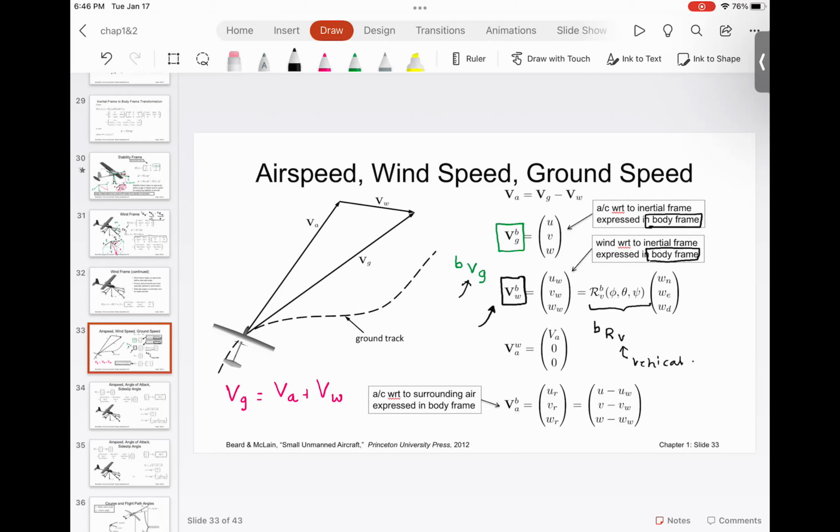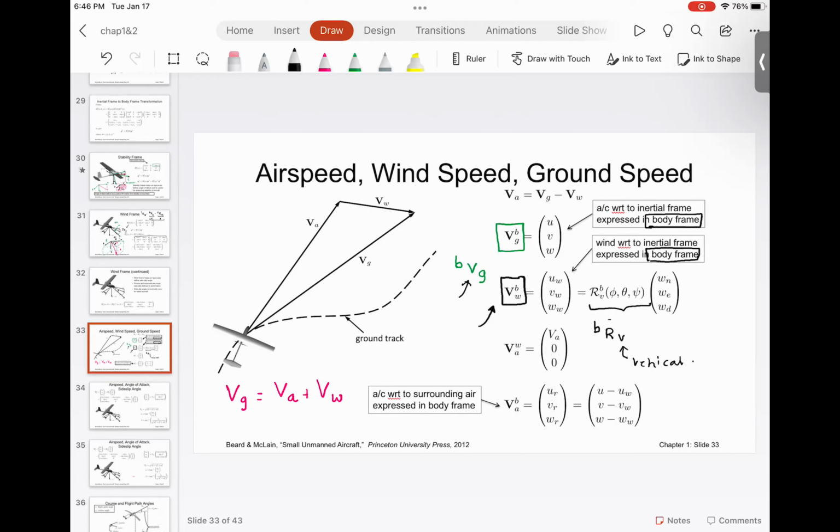The only difference is you have translational velocities in the north, east, and down direction. So I can transfer these wind velocities UW, VW, and WW into north, east, down wind velocities using this rotation transformation, because it comprises roll, pitch, and yaw.